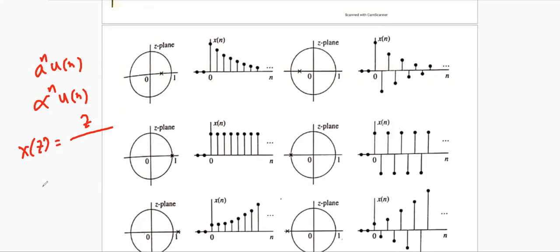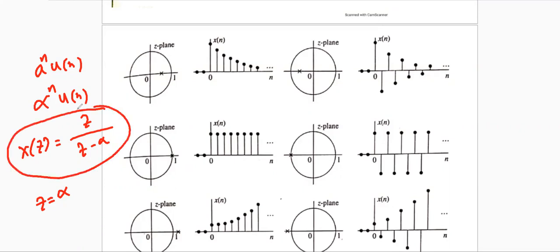So the pole location is alpha, that means Z minus alpha, something like that. Yes, we have found it exactly. The solution was 1 divided by 1 minus alpha Z to the power minus 1. From there we can find it. So we have done this before.